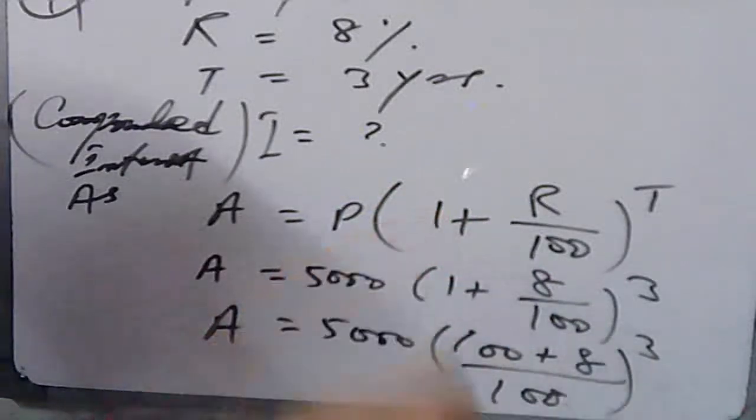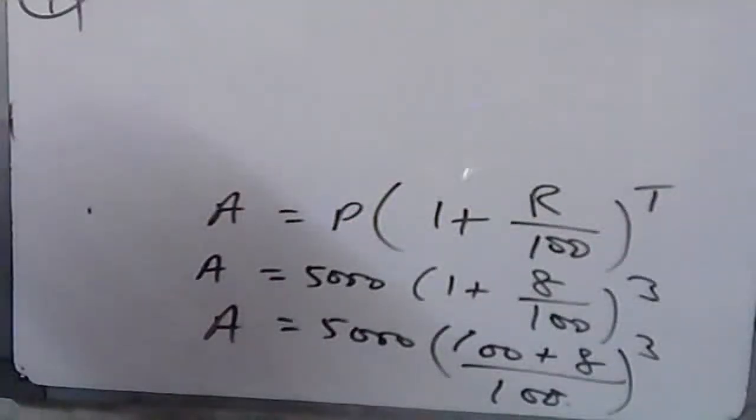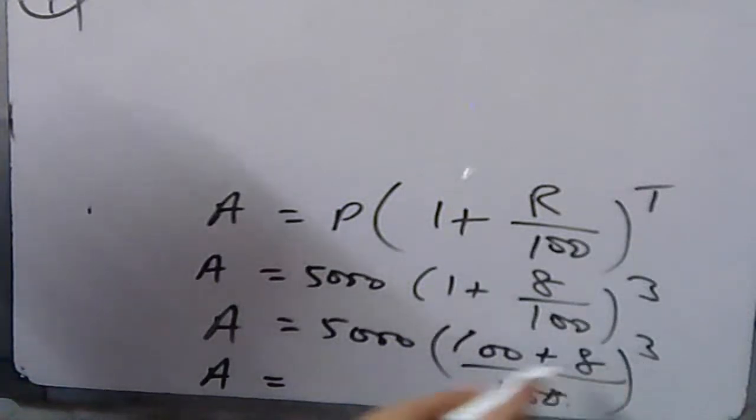After simplification, you will get the amount is equal to 108 divided by 100 having power 3. By using calculator, multiply by 5,000, you will get $6298.56. So that is your total amount.